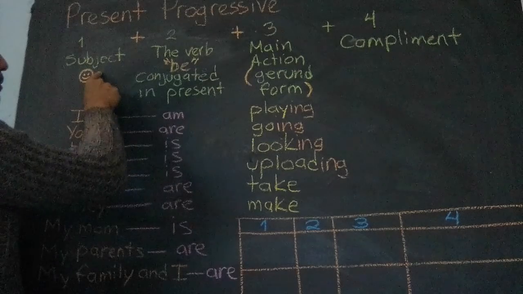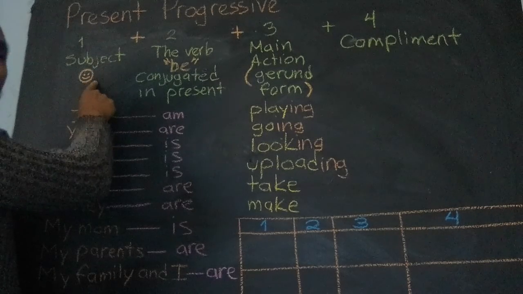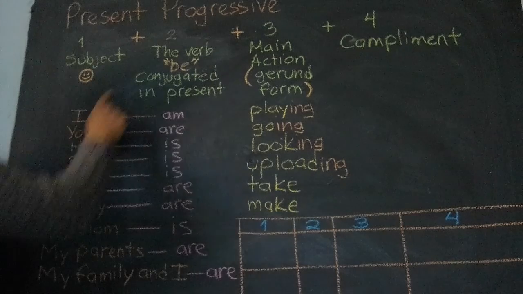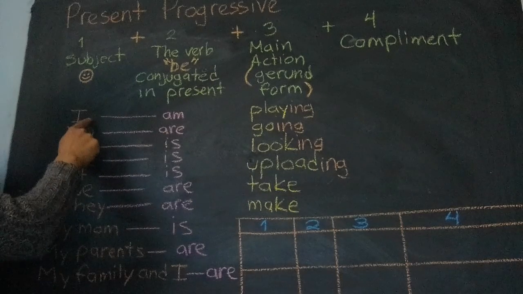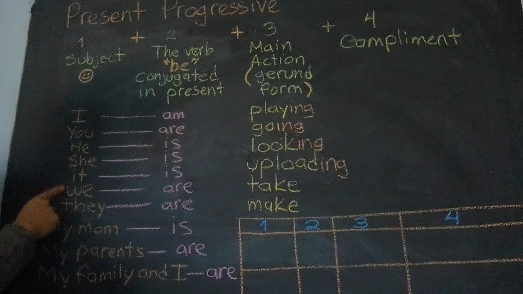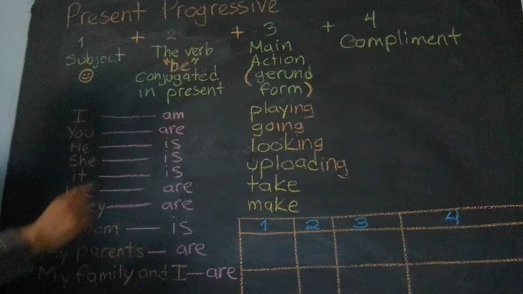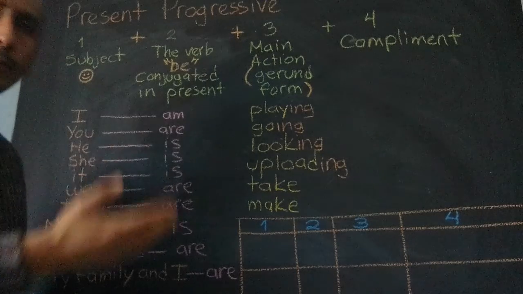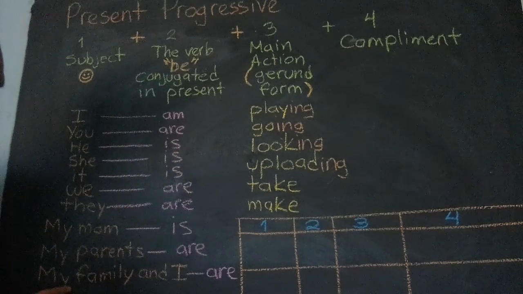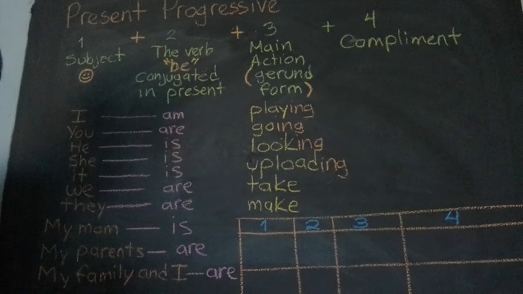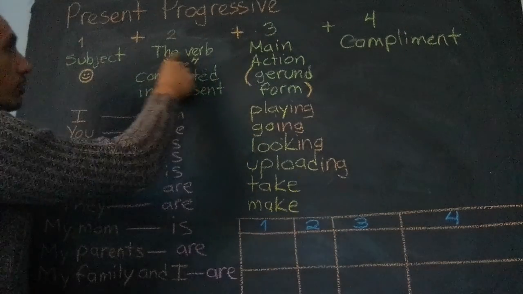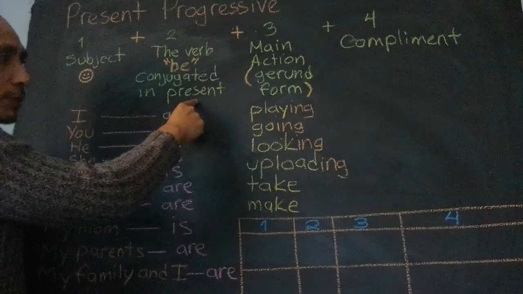The first step is going to be built by subject, which can be any person, and among these subjects we're going to have I, you, he, she, it, we, they, or otherwise the compound subjects, such as my mom, my parents, my family and I, etc. The second step is going to be the verb being conjugated in present.